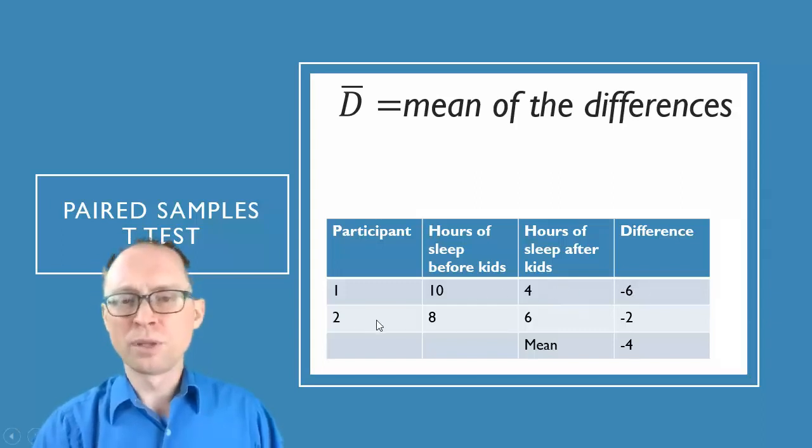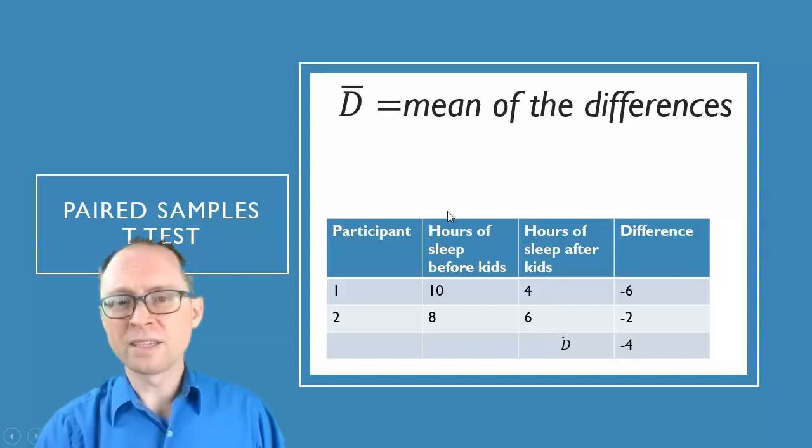This is person 2. Person 2 slept 8 hours before they had kids. Then they slept 6 hours after they had kids. 6 minus 8 equals negative 2. The mean of the differences is negative 4. So negative 6 plus negative 2 equals negative 8 divided by 2 gives you negative 4.